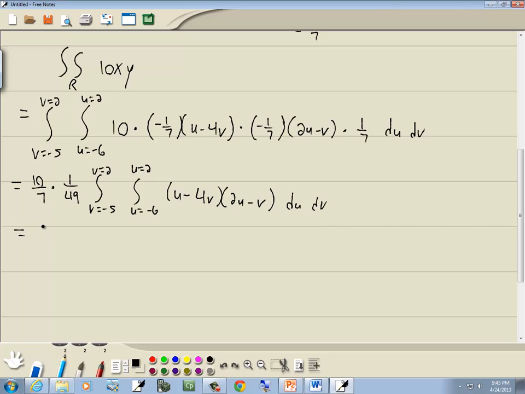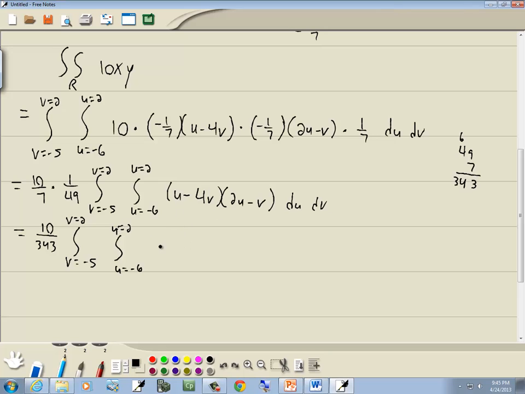Well, that gives us 10 over 49 times 7. Where's my calculator? I don't see it. That's not good. 49 times 7, 3, 6, 28, 343. Okay. v from negative 5 to 2, and u from negative 6 to 2.